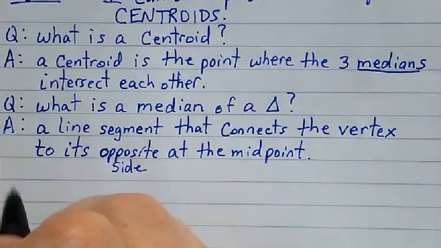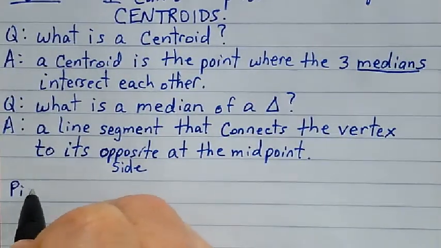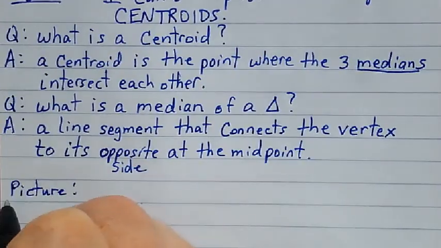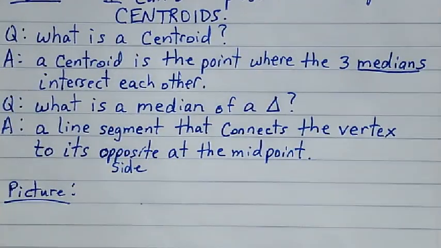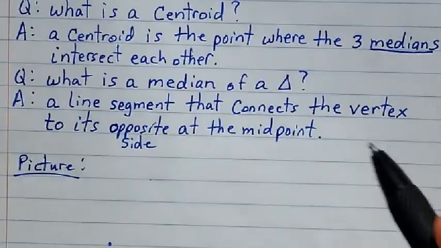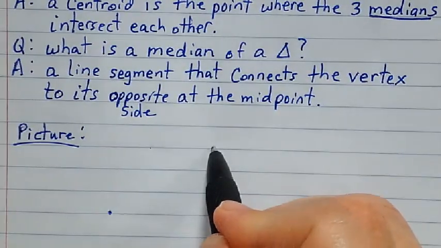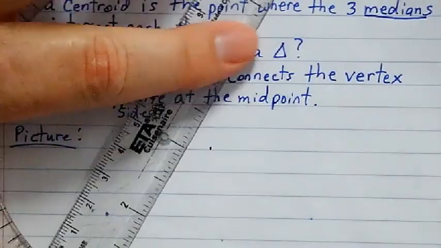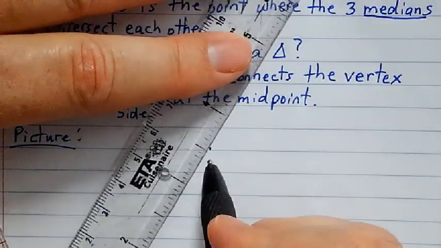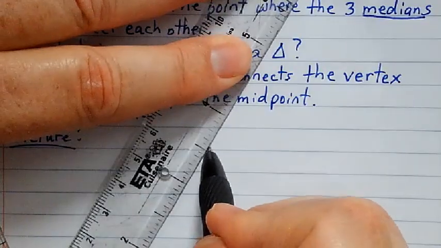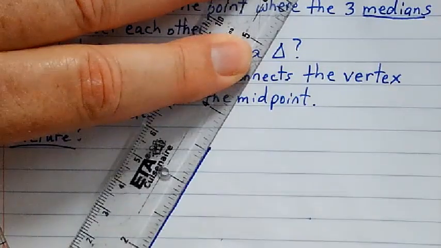I think a really good idea would be to give you a picture at this point. You know what they say, a picture says 1,000 words, so let's just show a picture. What I'm going to do is I'm going to draw a triangle. I'll use a straight edge. Y'all see that line?